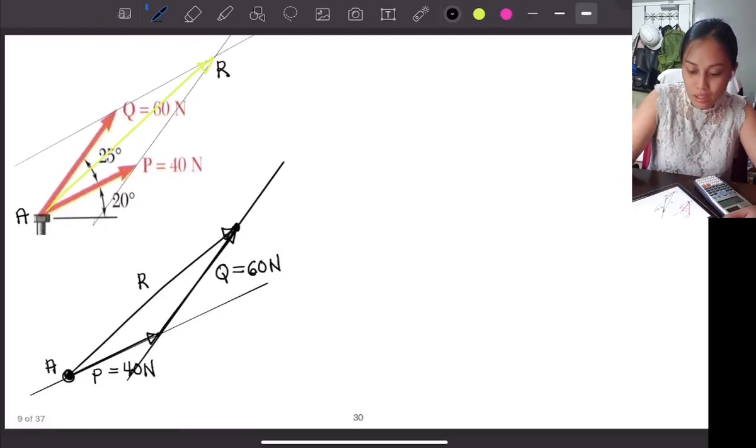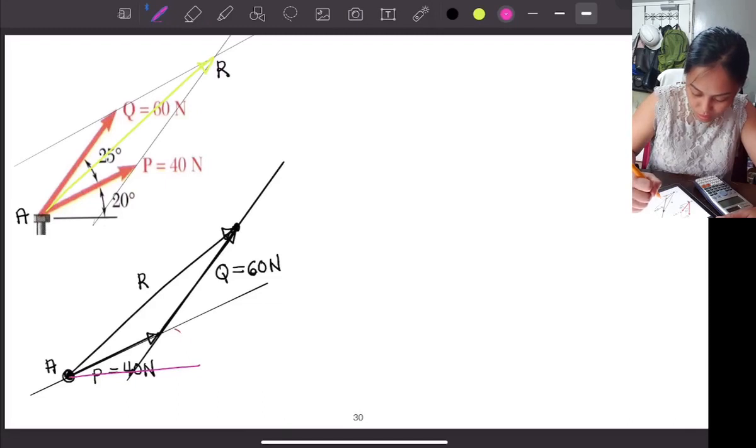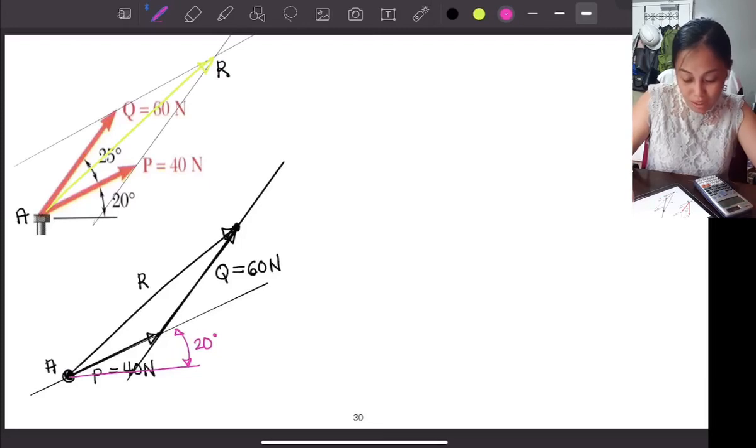How about the angles given in the problem? This force P has an angle of 20 degrees from the x-axis.